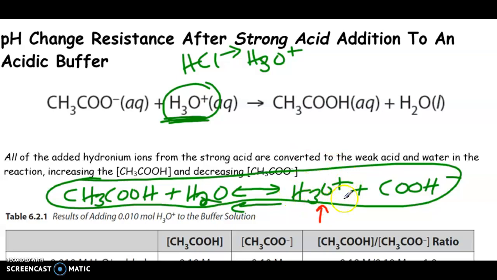So if I increase the hydronium ion concentration, it's going to react with our acetate anion to produce our acetic acid and water again. And I just realized I missed out on my CH3 portion here. So all of the hydronium that's been added will be converted back into acetic acid and water. So the concentration of your acetate will lower and the concentration of your acetic acid will go higher.